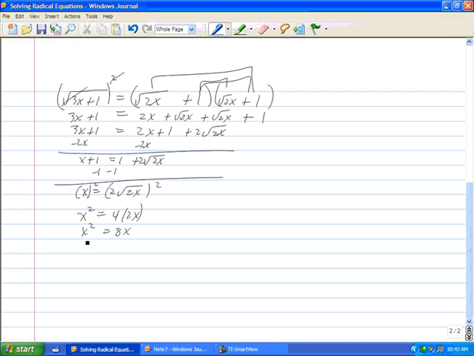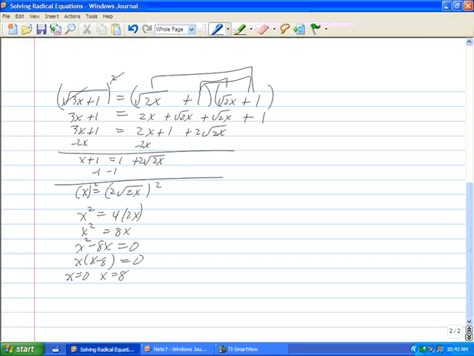Again, quadratic means set it equal to 0, factor, set each factor equal to 0, and we have a potential of two solutions.